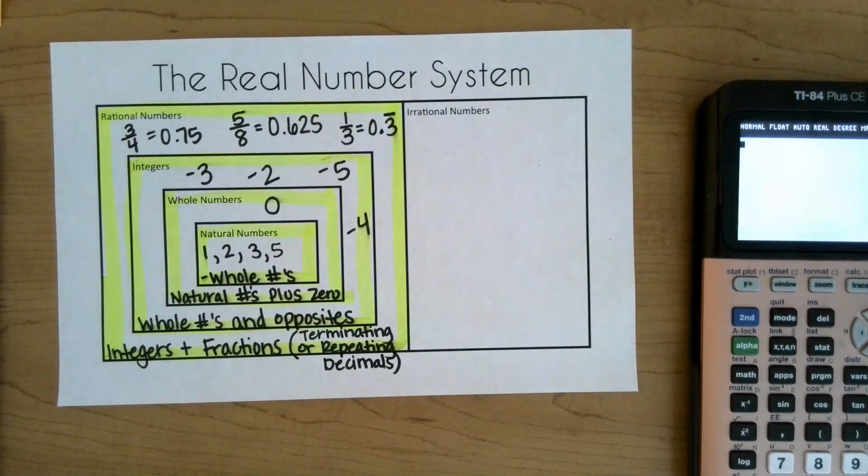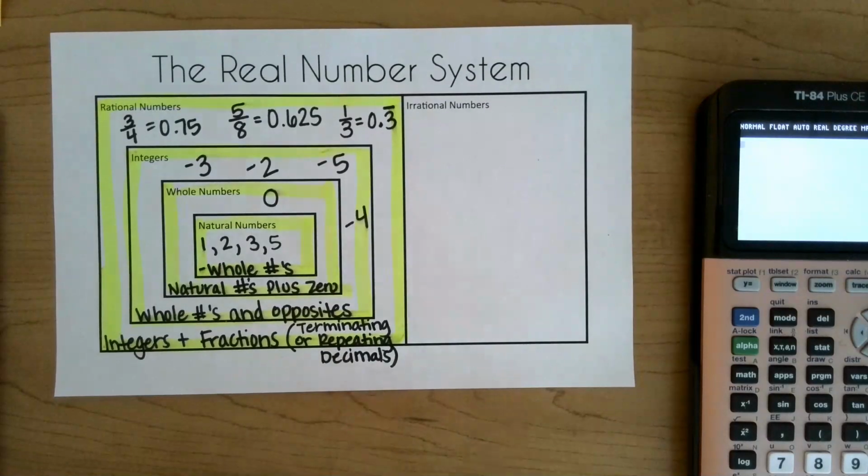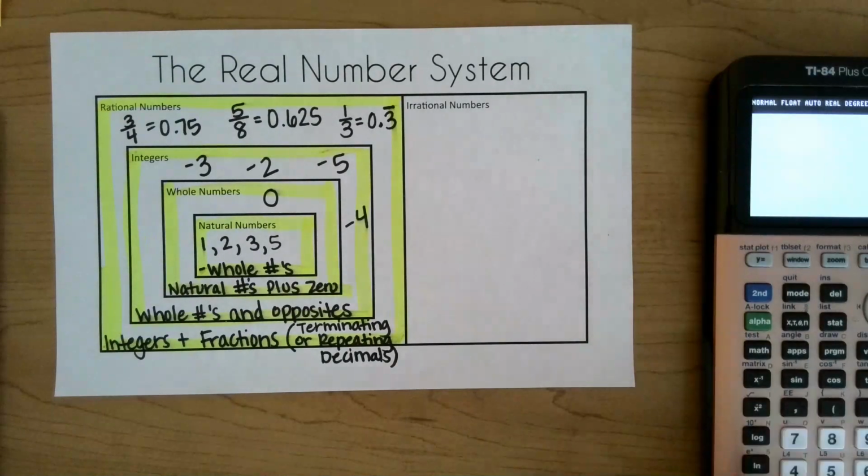So irrational numbers are not going to fit within these rational numbers. So if rational numbers can be fractions or terminating or repeating decimals, then what would our definition for irrational numbers be? Non-terminating, non-repeating.